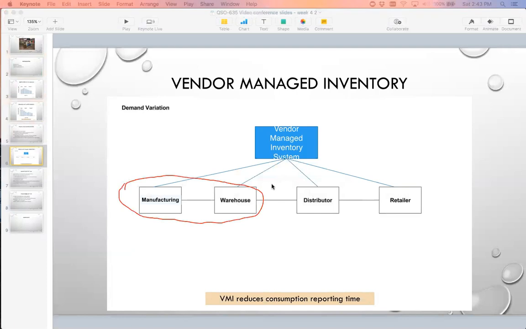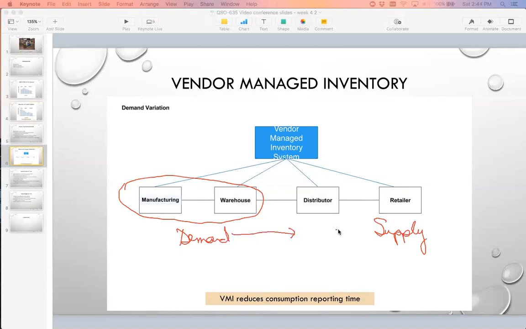So the problem faced by all three of these is that manufacturing needs to know how much demand is coming, and the retailer needs to know how much supply is available. Okay. The distributor is kind of in the middle. They're vulnerable.